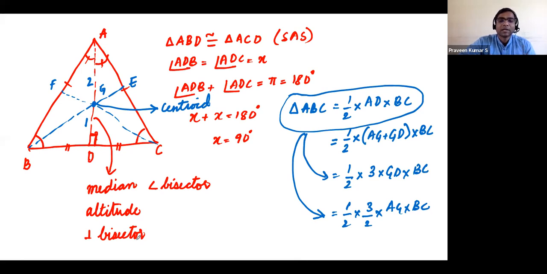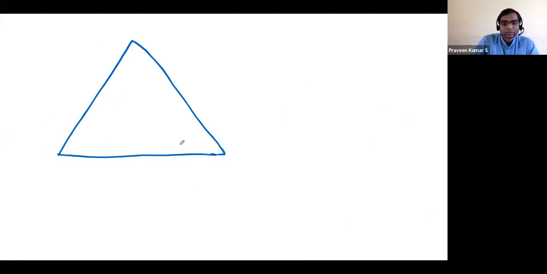And in the case of an equilateral triangle, you will see that the centroid, the circumcenter, the orthocenter, they all coincide. So if you take an equilateral triangle, you will be able to draw this, and this is called an incircle because this is inscribed inside.